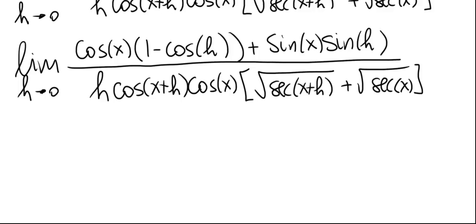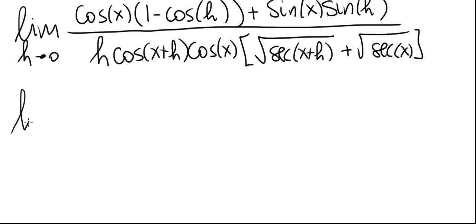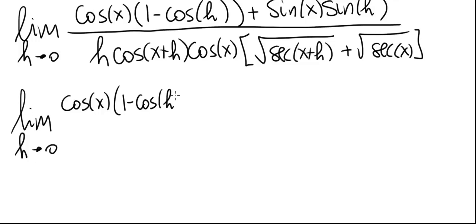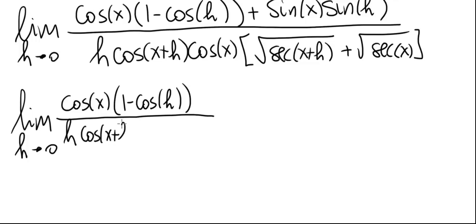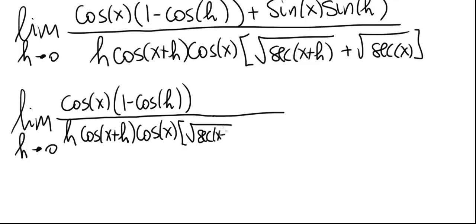The first limit is going to be the limit as h goes to 0 of cosine of x times (1 minus cosine of h), all divided by h times cosine of x plus h, cosine of x times the quantity square root of secant of x plus h plus the square root of secant of x.